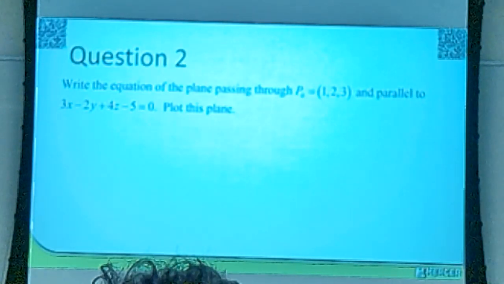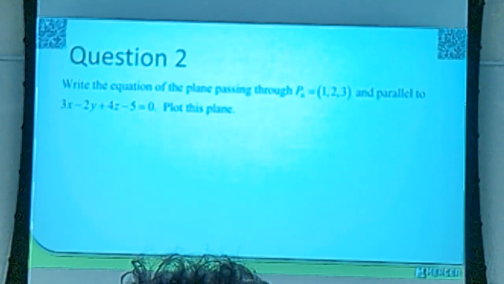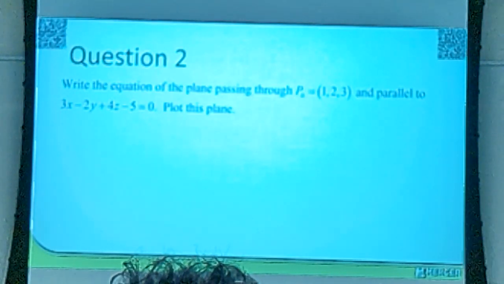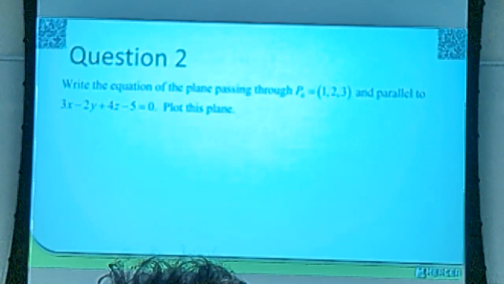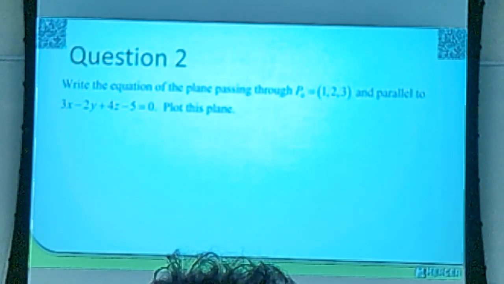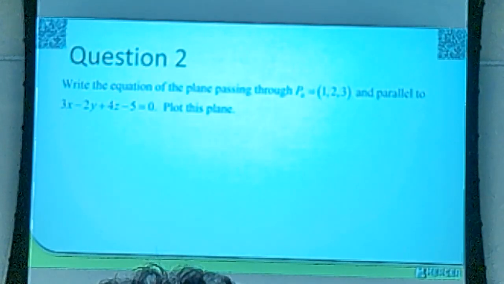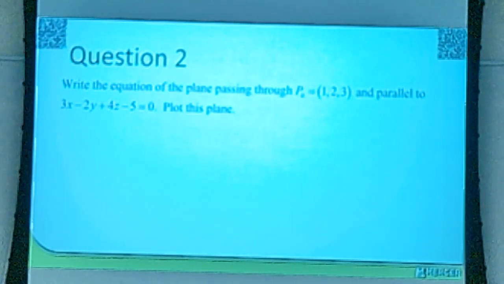Equation of a plane passing through a point. That's the same thing as saying that the point's contained in the plane, right? And parallel to a given plane.